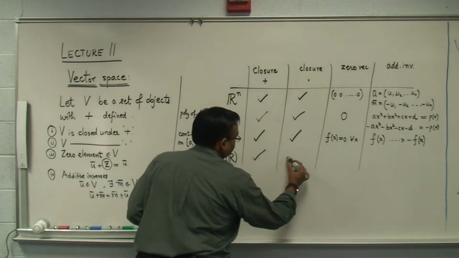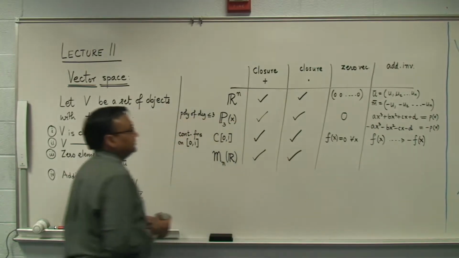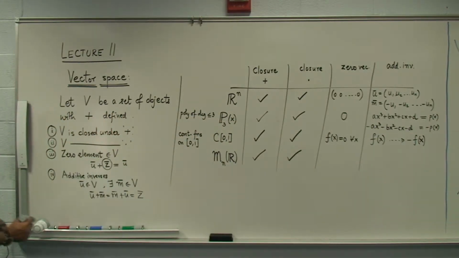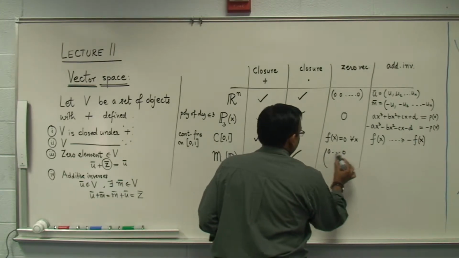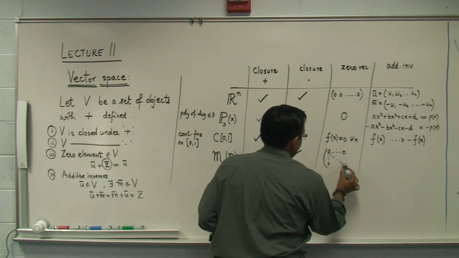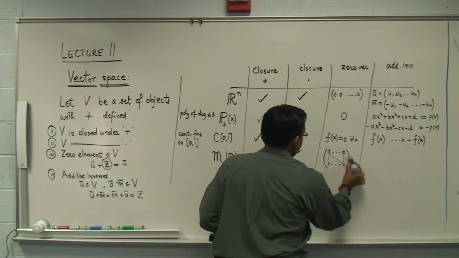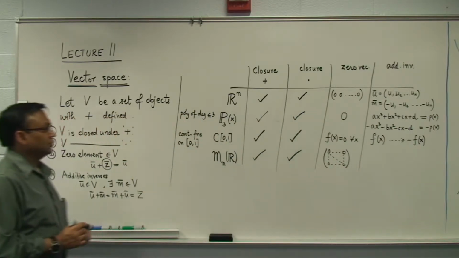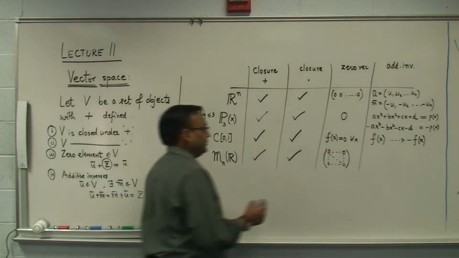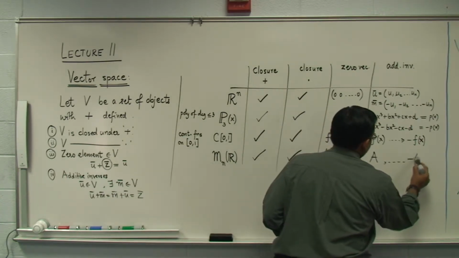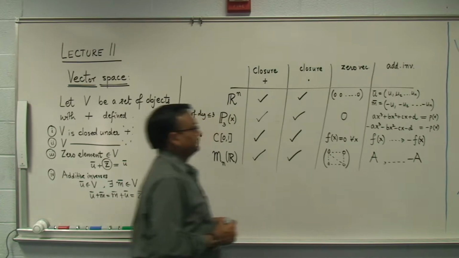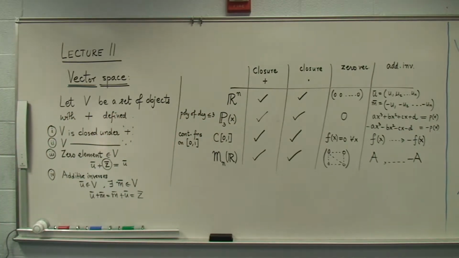If I scale each and every entry by the same scalar, it is still an n by n matrix. The so-called zero matrix is going to act as the zero element. And for every matrix A, we have minus A as its additive inverse. So we do see that among the set of matrices also, we can have this kind of a structure.